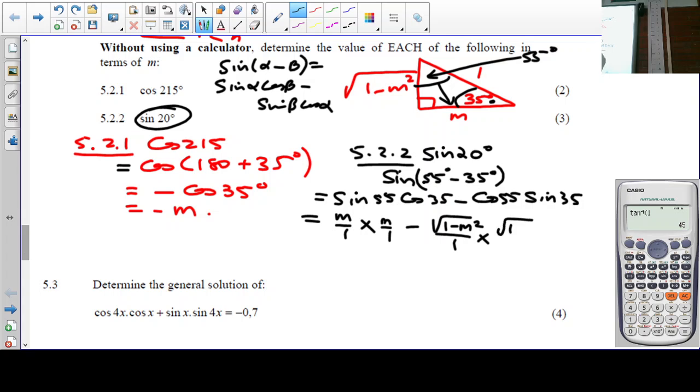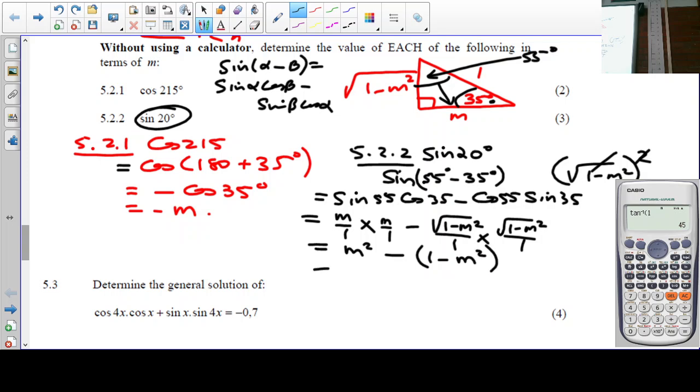So it's the root of 1 minus m squared over 1. In other words, I'm left with m squared minus. Now you see, under the root is the same, so that is the square root of 1 minus m squared, all squared, where the root cancels that. So that will give us 1 minus m squared.